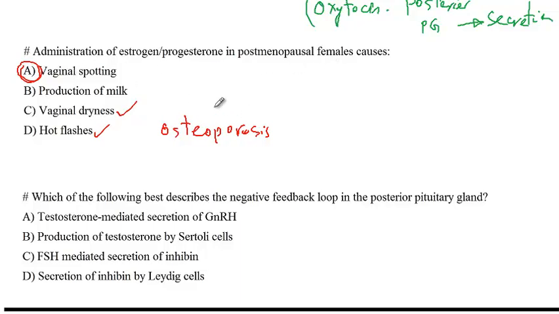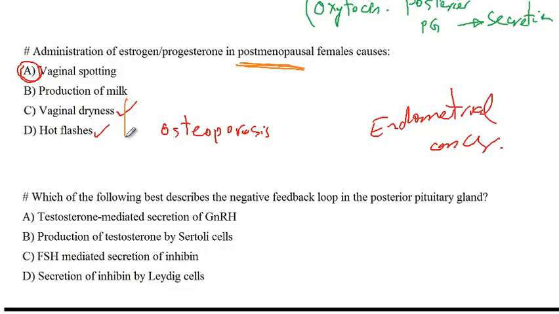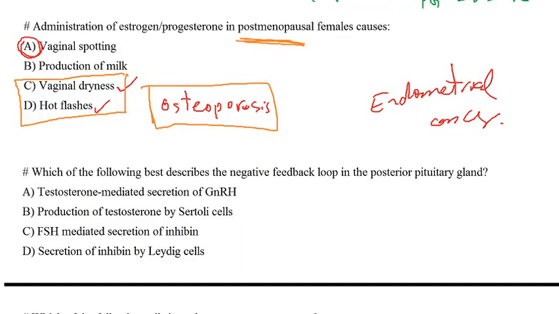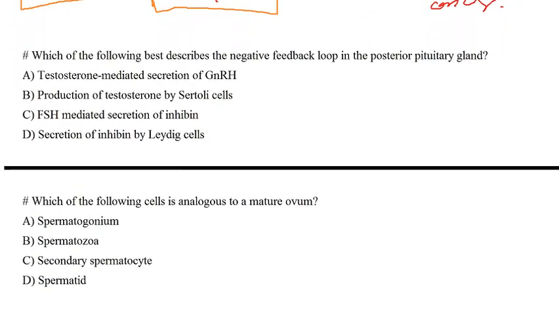Also know that because we are inducing the uterine wall to grow again, there is also increased risk of endometrial cancer. So one more time, let's review all that. The symptoms that you see in postmenopausal females include vaginal dryness, hot flashes, and osteoporosis. Okay, and these are some of the important symptoms that you should know for your MCAT exam.